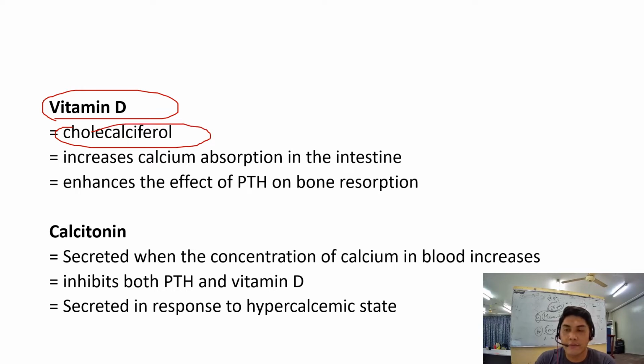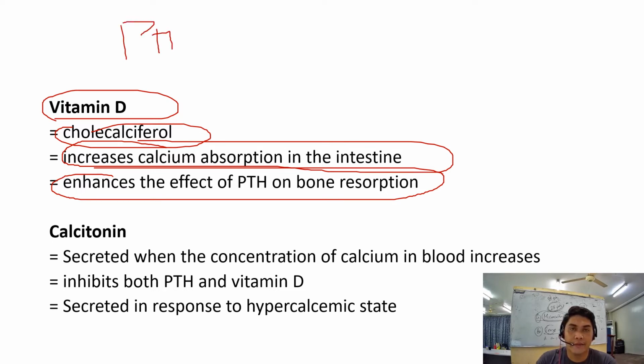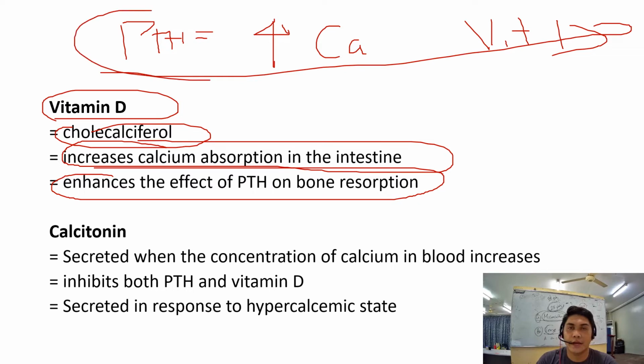The active form of vitamin D increases calcium absorption in the intestine. PTH is more of reabsorption, and vitamin D is for the absorption of calcium. Vitamin D also enhances the effect of PTH on bone resorption. The effect of both PTH and vitamin D is an increase in calcium.